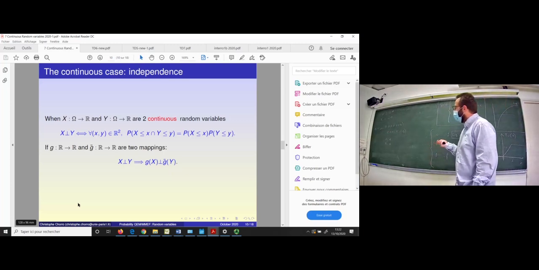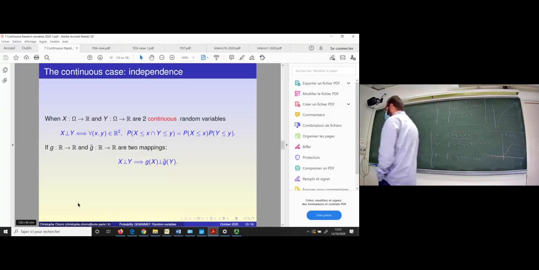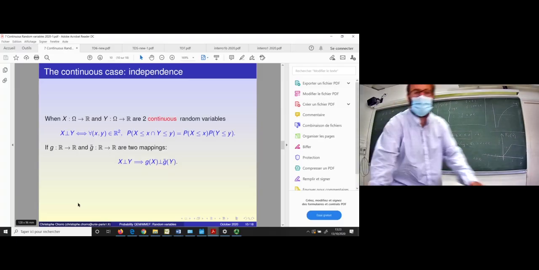Meaning that instead of considering all possible pre-images, I just consider pre-images of singletons, which will give me the probability mass function. So it's something that we have already seen together.